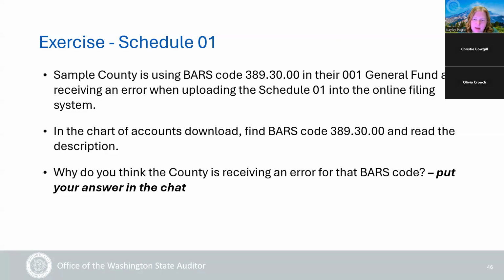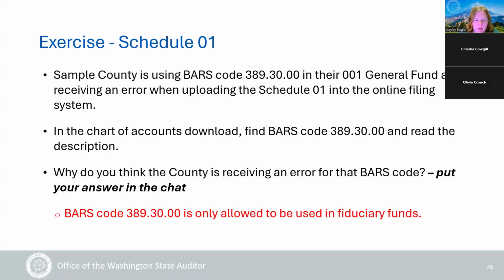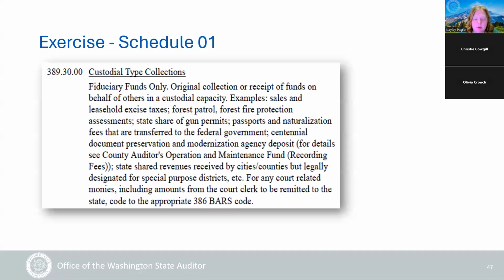Good, I'm seeing some answers coming through. So yes, BARS code 38930 is only allowed to be used in fiduciary funds. And this is just the snippet from the chart of accounts because the purpose was to read the description. And in that description, you can see it says fiduciary funds only.